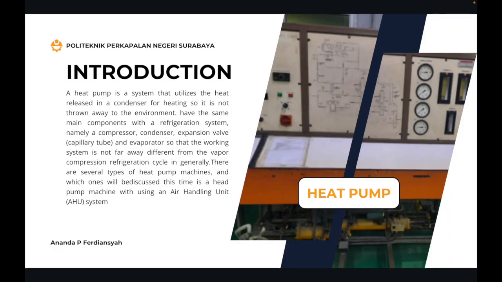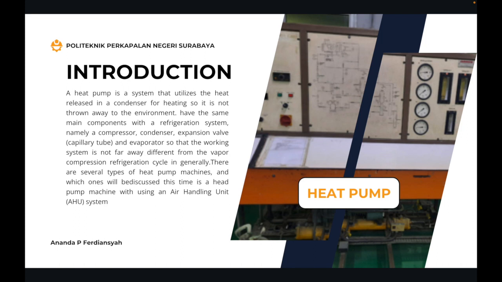Next slide. But first, before that, let's get acquainted with the heat pump. A heat pump is a system that utilizes the heat released in a condenser for heating, so it is not thrown away to the environment.